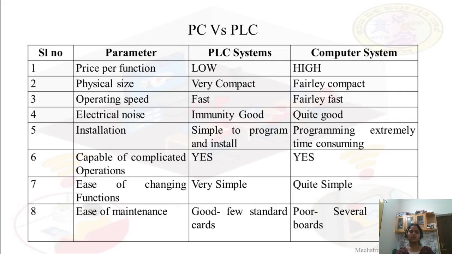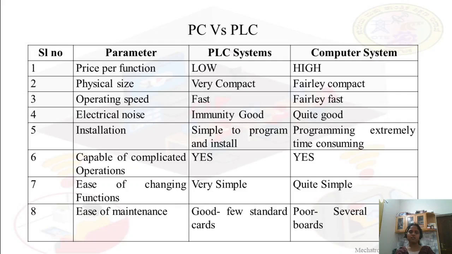We have seen micro PLCs, mini PLCs, small PLCs, medium PLCs, large and very large, where we will be using these kinds of PLCs. And what is the selection criteria? That is a very important task, to select the PLC for your application. And what is the difference between the PC and PLCs?